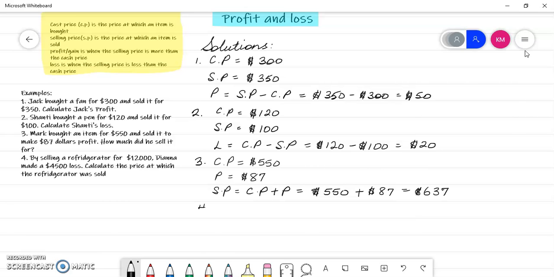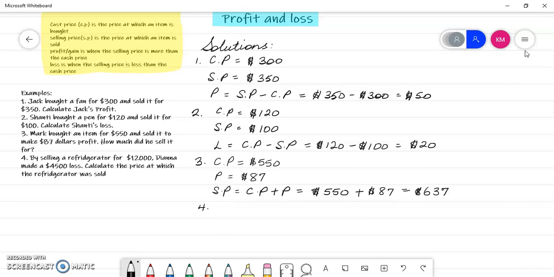Number 4. By selling a refrigerator for $12,000, Diana made a $4,500 loss. Calculate the price at which the refrigerator was bought. So they are asking us to calculate the cost price.